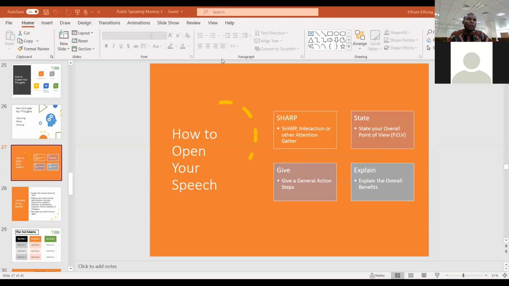Next, point of view, followed by action steps, followed by benefit. That order is very crucial, please. Opening by SHARP, overall point of view, general action steps, overall benefit. That sequence, again, is very important.